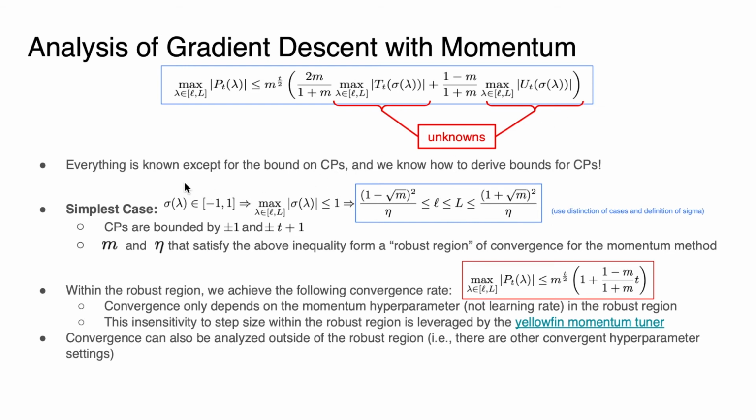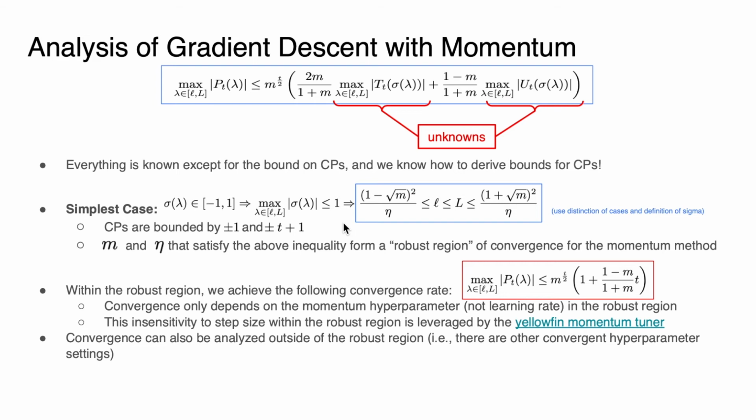The simplest case that we can consider is the case in which the domain of the Chebyshev polynomials is between -1 and 1. As we mentioned when introducing the Chebyshev polynomials, this is the most common way to analyze them. This idea of the domain being between -1 and 1 translates to the input of these Chebyshev polynomials, sigma of lambda, having an absolute value less than or equal to 1.